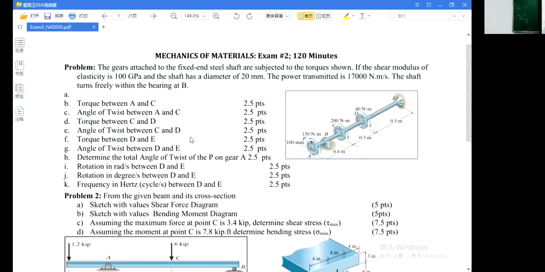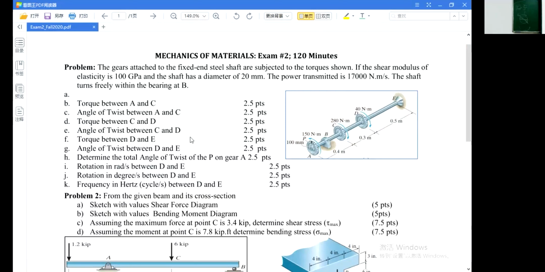Look at the question. The gears attached to the fixed and the steel shaft are subjected to the torque. The shear modulus of elasticity is 100 gigapascal and the shaft has a diameter of 20 millimeter.